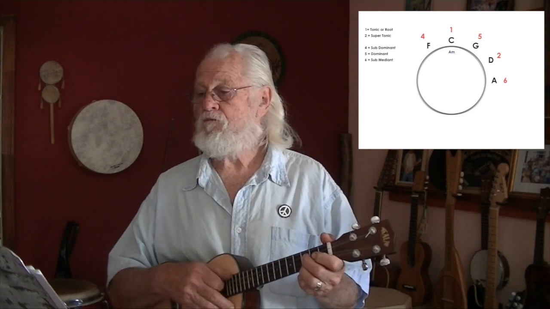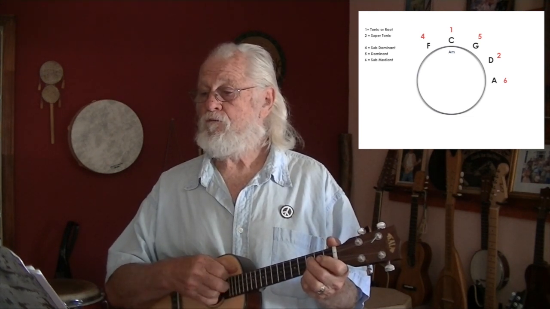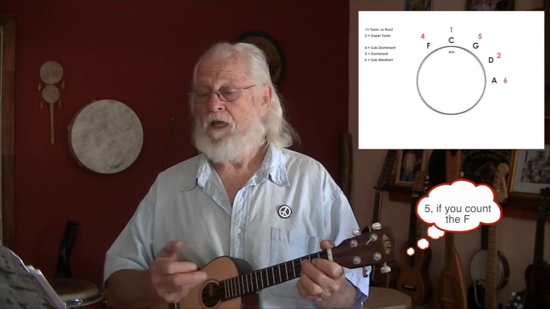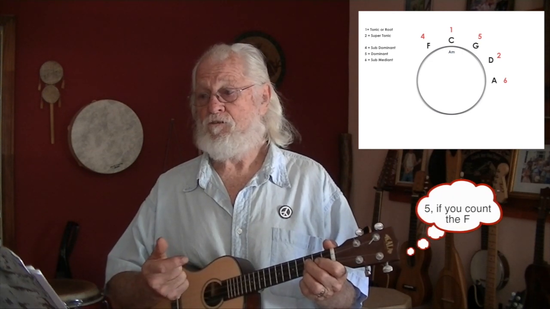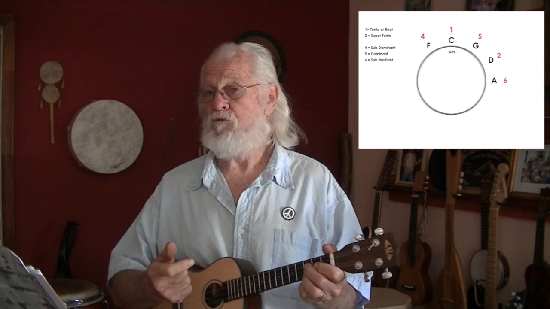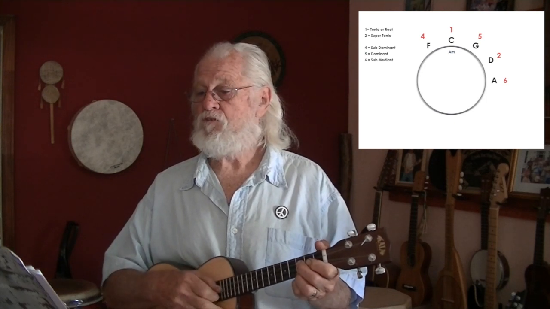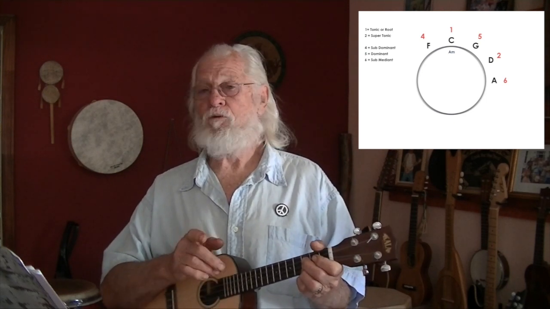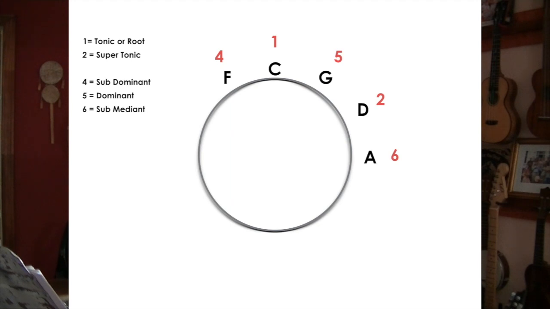So the circle of fifths has now grown to 4 root tones: A, D, G, and C. 6, 2, 5, 1. In many songs, there's one more chord, the 3 chord, which happens to be the 5 of the A. There's a special relationship between the 3 and the 6. The 3 leads to the 6.